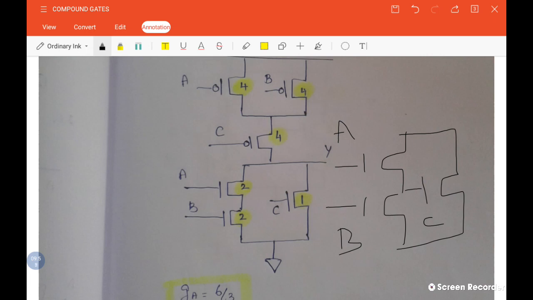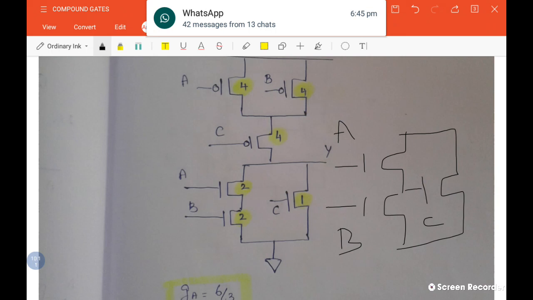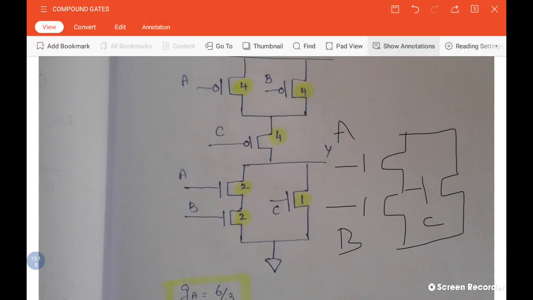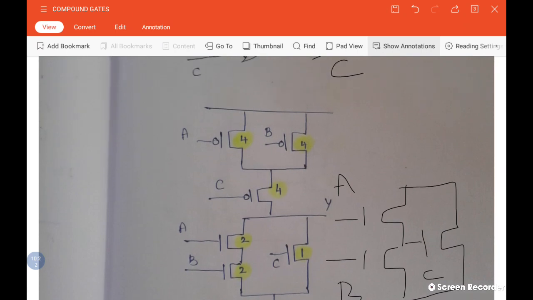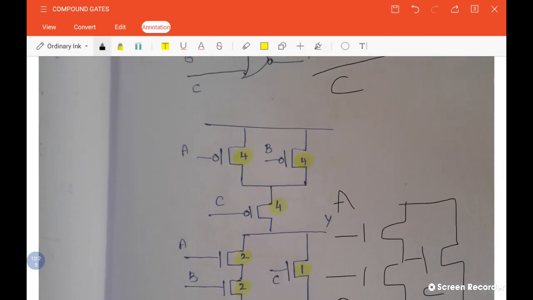Now we have to draw the pull up network. Once you complete your pull down network, it is so easy to do the pull up network. In the pull up network, we are just going to invert the connections. In pull down, you drew two NMOSes for A, B in series. Now in the pull up network, you have to draw two PMOSes in parallel for the two inputs A, B. So take two PMOSes and connect them in parallel.